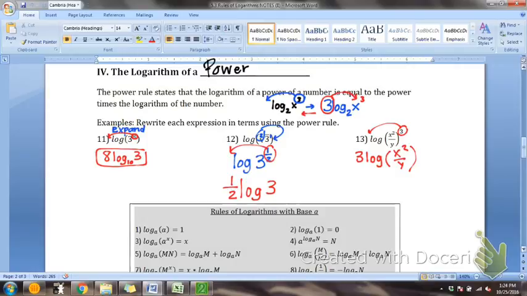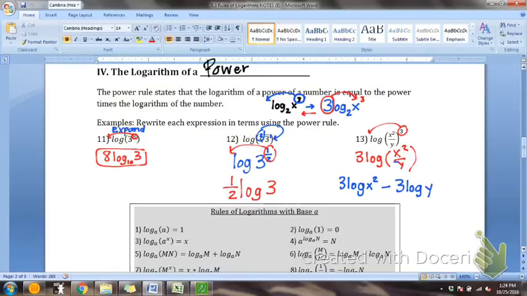Now, before I can deal with that x squared, a division problem becomes what? Subtraction, right? So I'm going to take the 3 log, since it's going to both of them. I'm going to have 3 log x squared minus 3 log y.